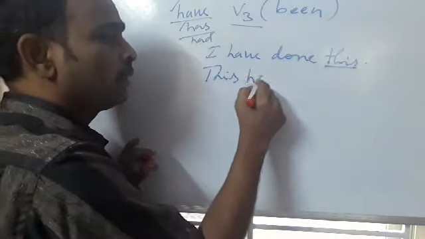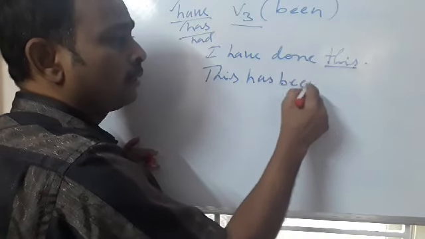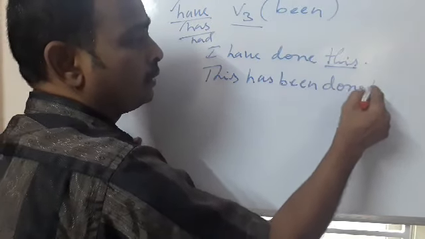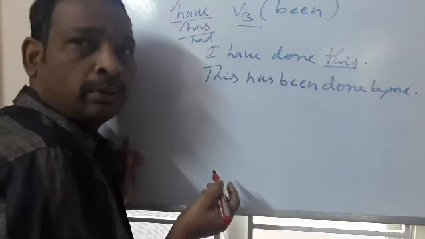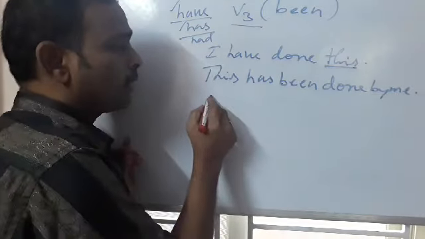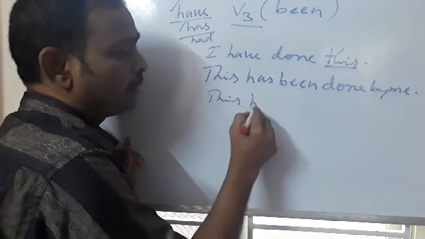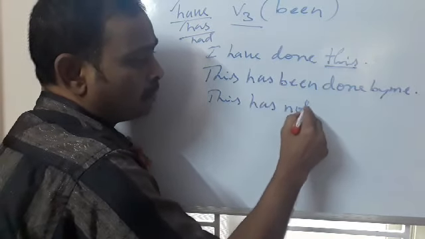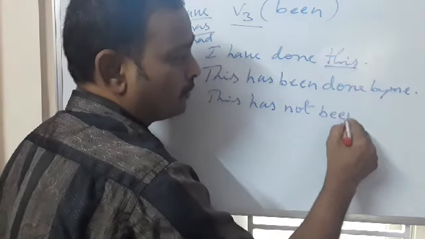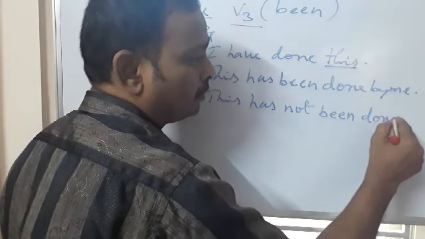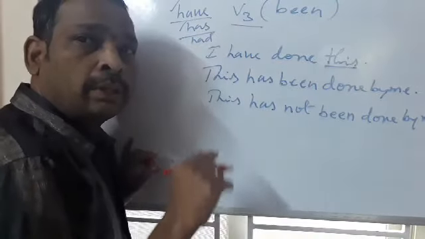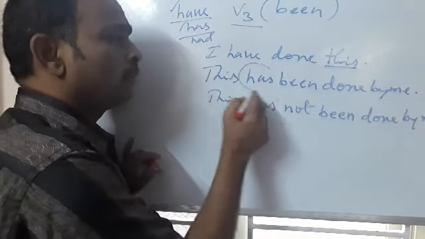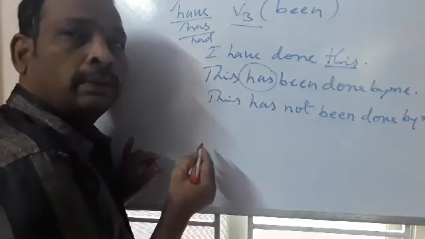This has been done by me. If negative, you should write, say this hasn't or has not been done by me. If you want to write interrogative, just bring this has before the subject.